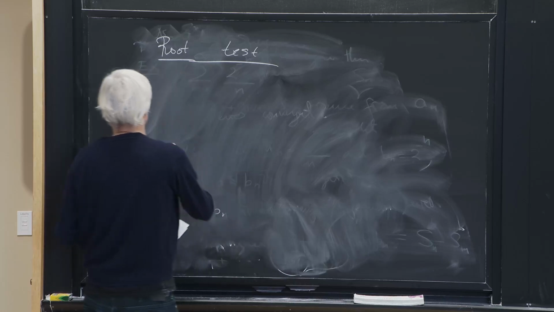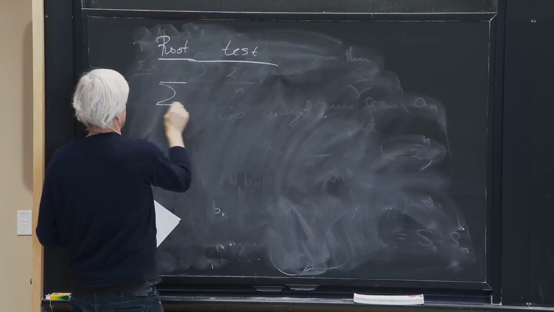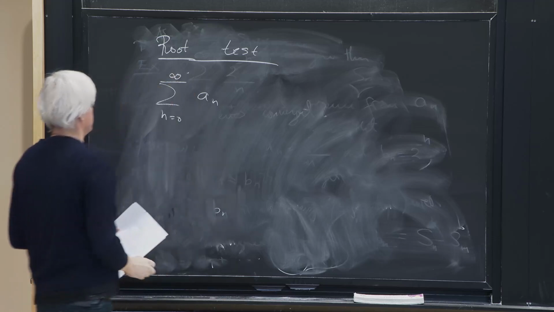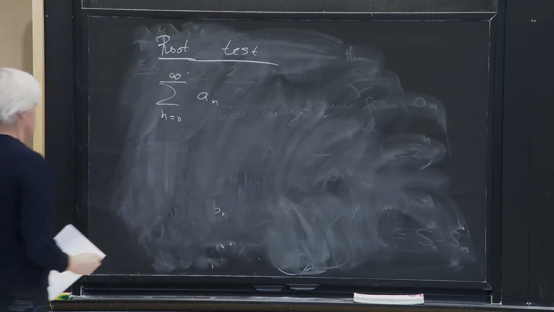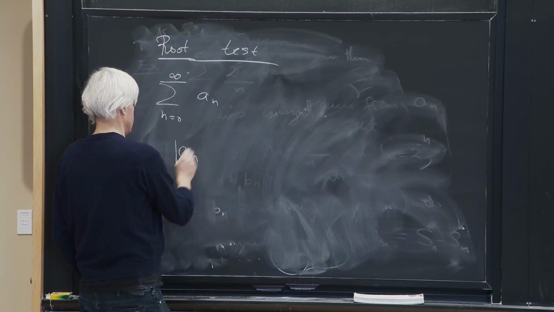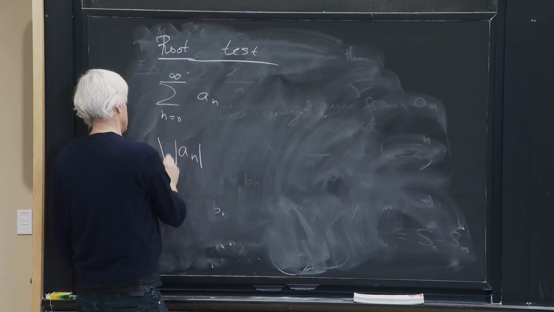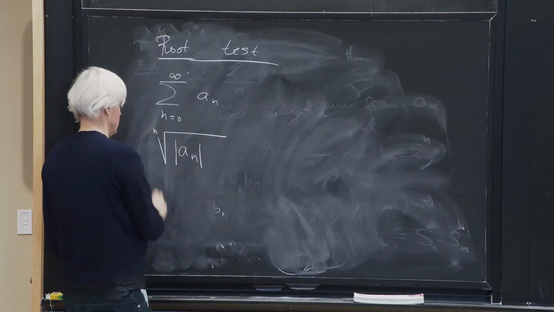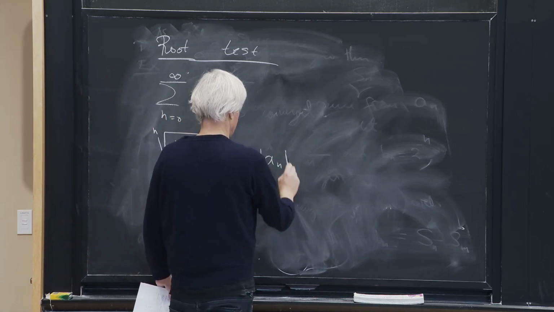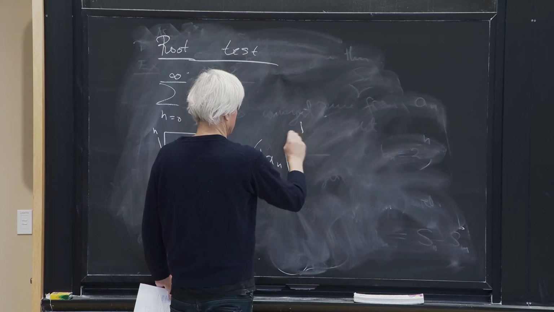So the root test, you have a series again, like this. In the root test you take the absolute value of a_n, and then you take the nth root. So this is the same as saying the absolute value of a_n to the power 1 over n.